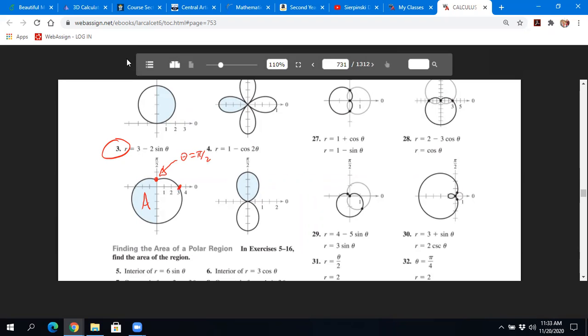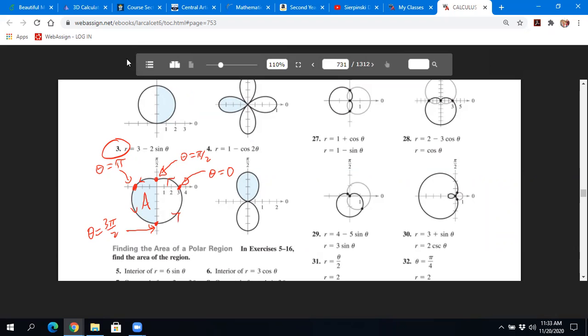This point right here happens when theta is 0. This point right here happens when theta is 180 degrees. And this point right here happens when theta is 3 pi over 2. So this thing gets traced out in this direction for increasing values of theta.